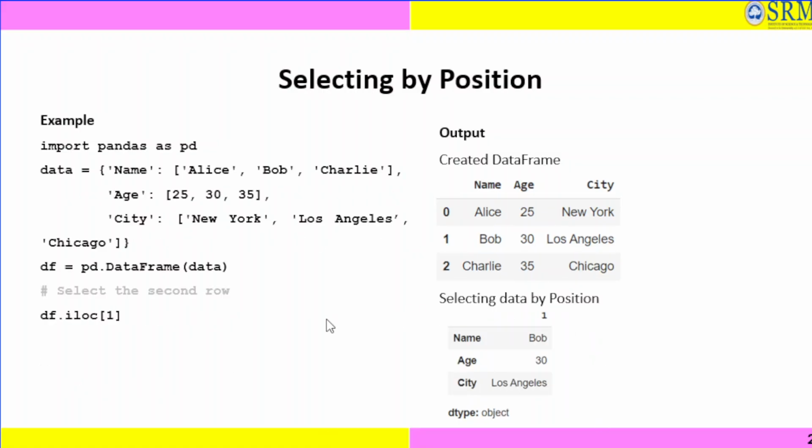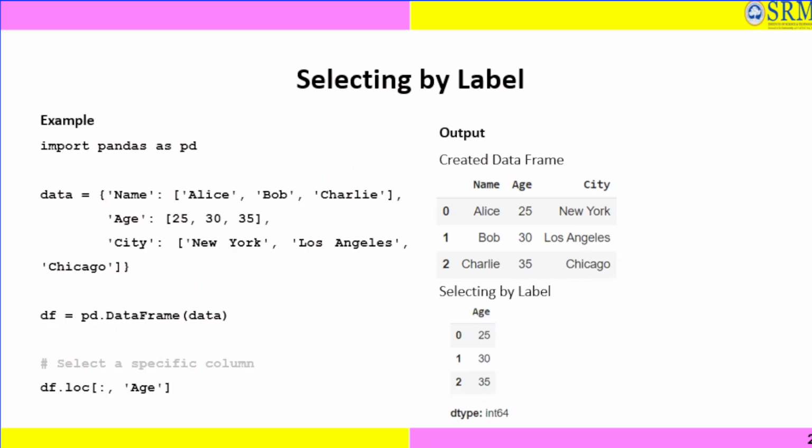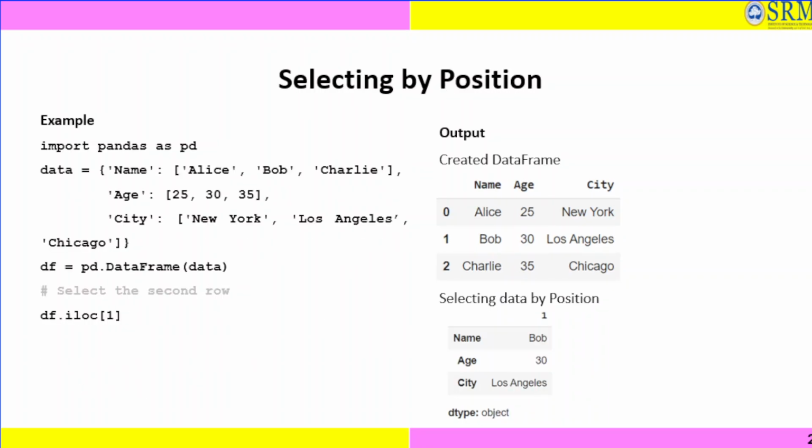You can also select by position. In the previous case, we selected by label. The label is nothing but age. Now we are going to select by position. By position, you are going to select a particular row or a particular column. Here in this case, we use ILOC of 1. In that case, the first row alone gets selected and displayed.